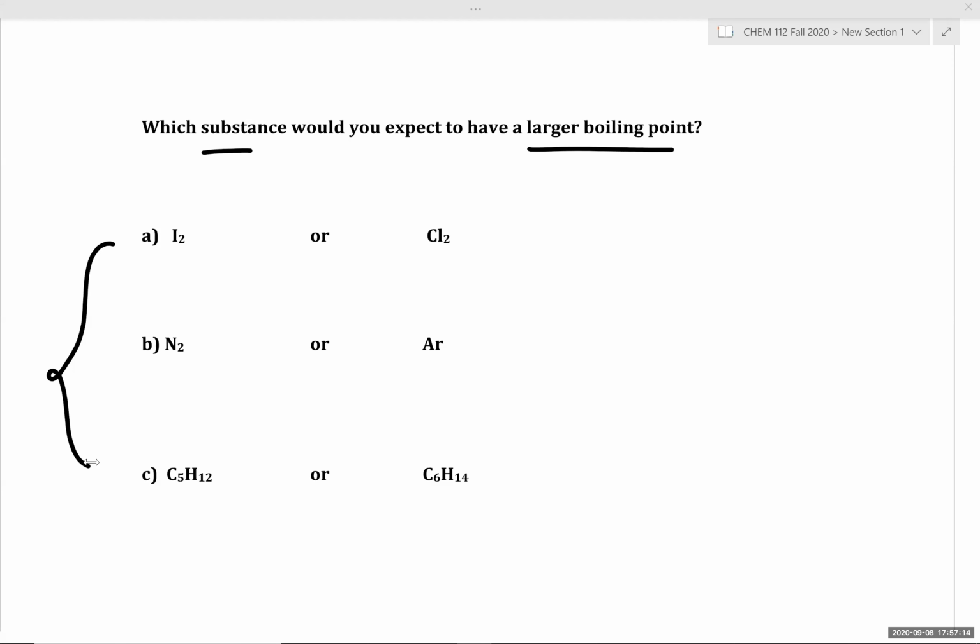And we'll discuss this example in about another 1.5 to 2 minutes. C6H14 is linear, just like C5H12. They're both linear.